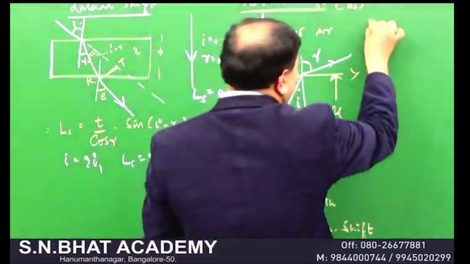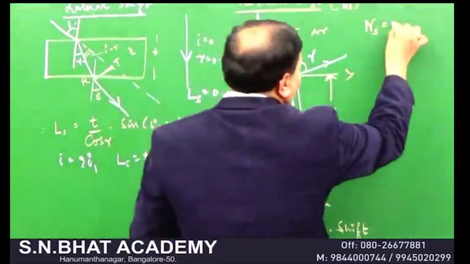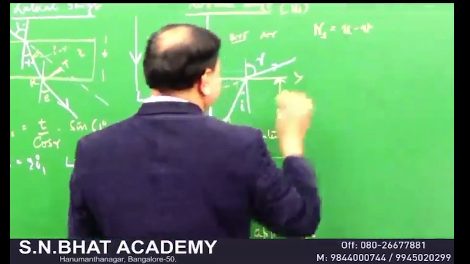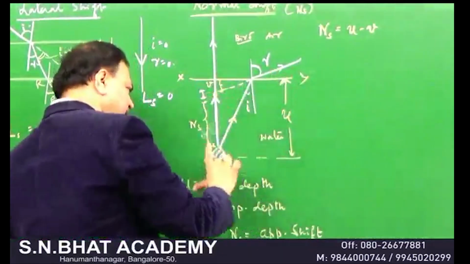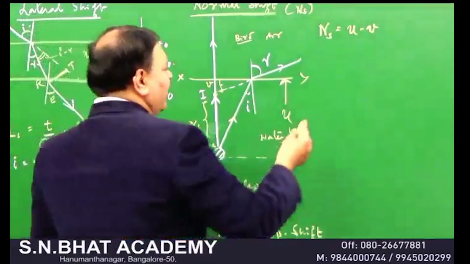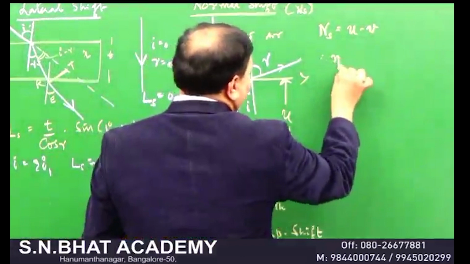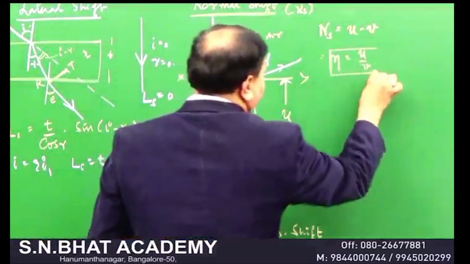And your formula for the normal shift is, remember, u minus v. It's very simple. If the real depth and the apparent depth are given, you can calculate the normal shift. Similarly, you know that n is equal to u by v. Very, very important.